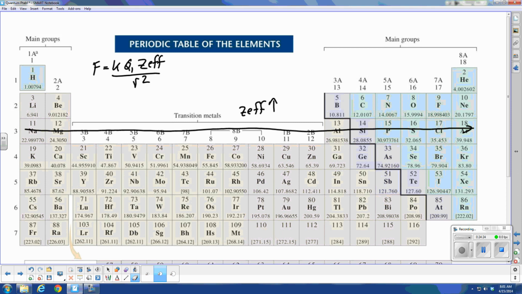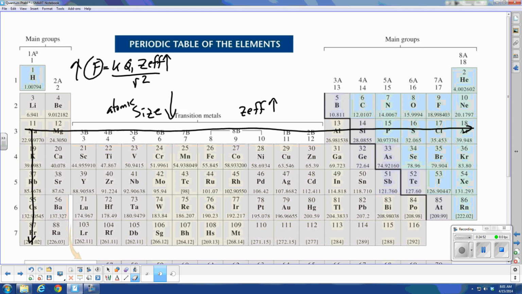That means I'm having a stronger pull on my electron cloud. If I have a stronger pull, that means this is going up. That means my force of attraction goes up, and that means my size is going to do what? Since the nucleus is pulling stronger on the electron cloud, my atomic size decreases as I go from left to right.